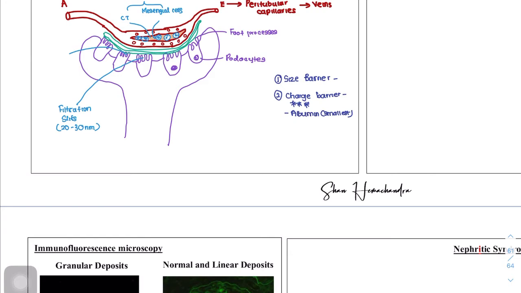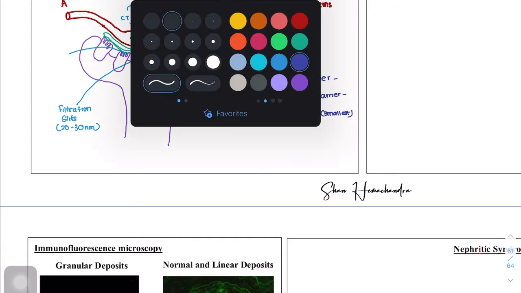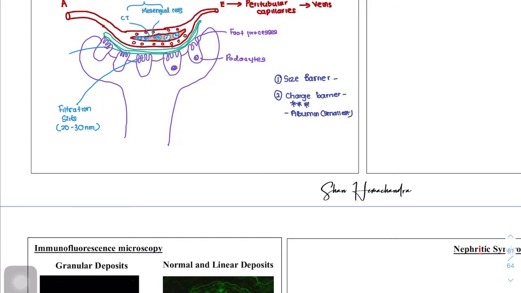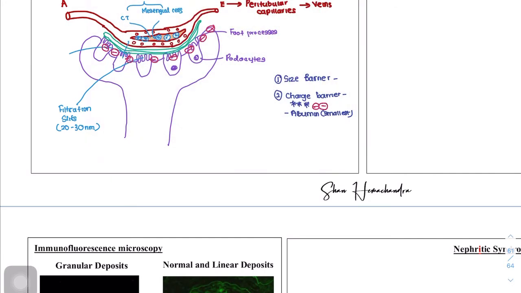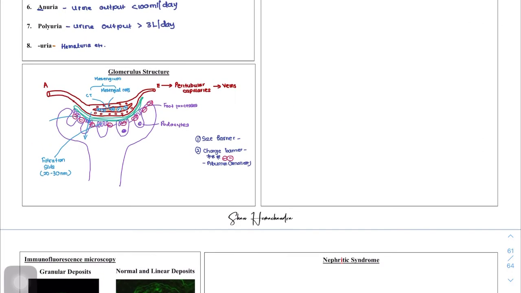But because of the negative charge on the barriers, and albumin is also negatively charged, they are going to repel each other, and the albumin cannot enter into the Bowman's capsule. These are the two barriers through which filtration occurs.